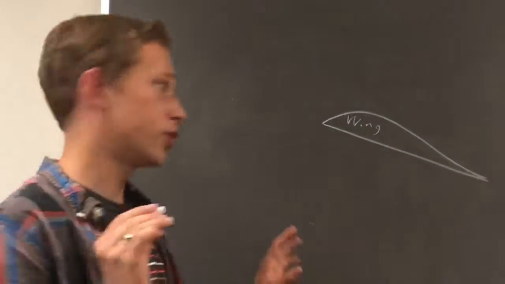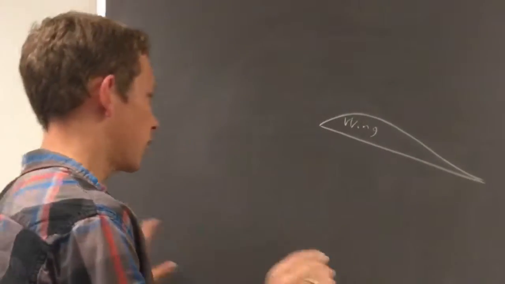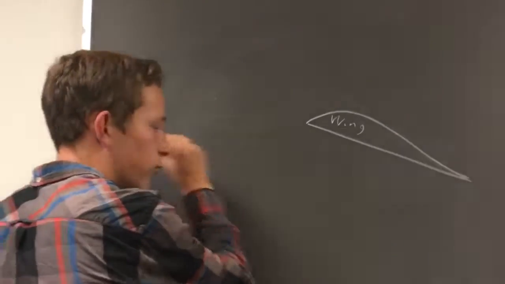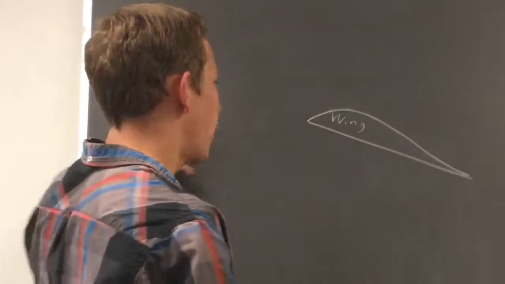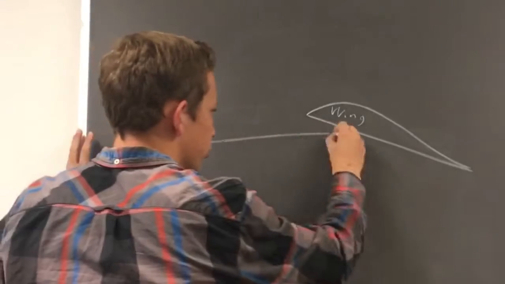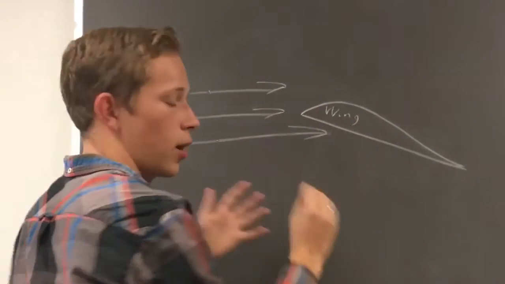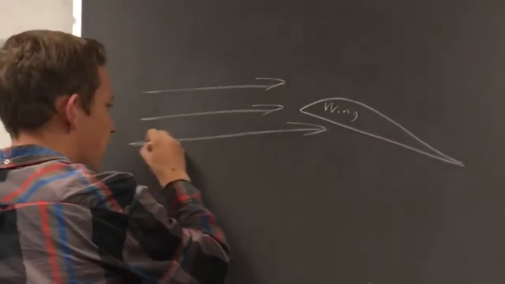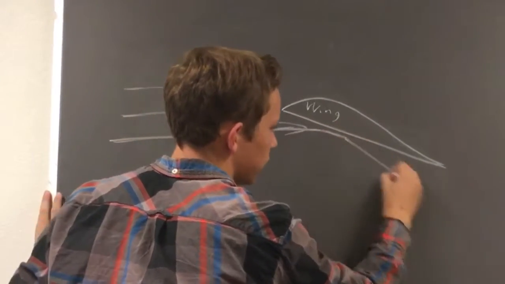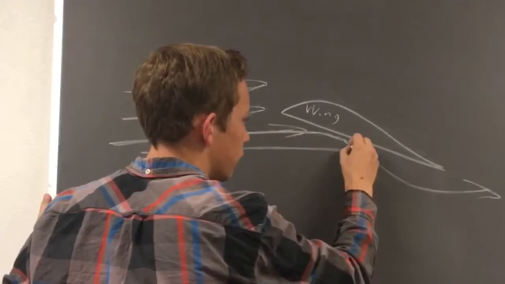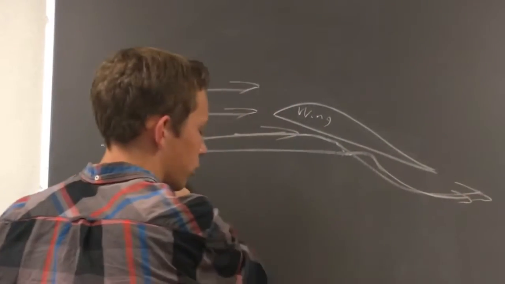So now we're going to talk about the shape of the wing. The shape of the wing is very important because as the wing flies, the air goes this way. As the airplane gains speed, the air begins to slide down like that, the air molecules underneath the wing.